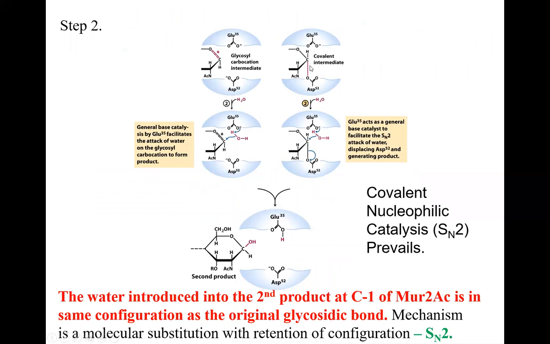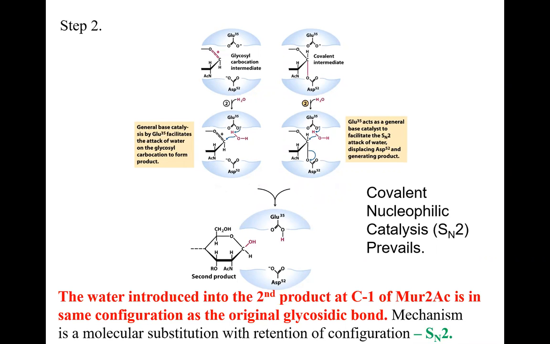Once you have the covalent intermediate, the water molecule sneaks in from the top, activates the water molecule, water attacks that carbon from the top, leaving group leaves. In this case, leaving group is the bond between carbon and oxygen, the aspartate 52. And you have still the same product with the retention of configuration, and enzyme is back to its native state, free enzyme form, right? So it's covalent nucleophilic catalysis that is more consistent.